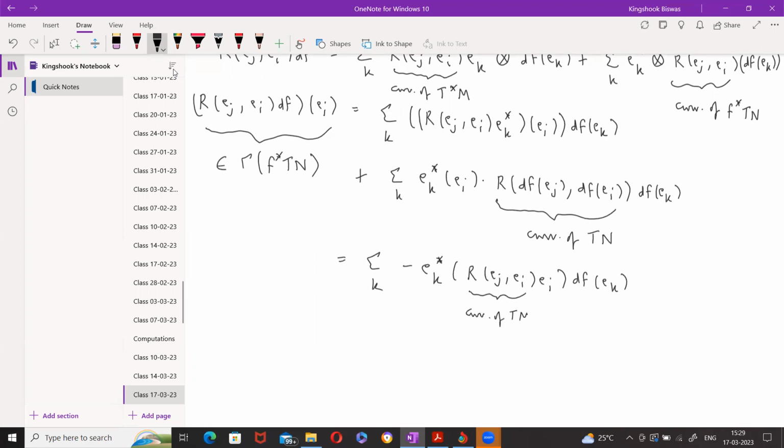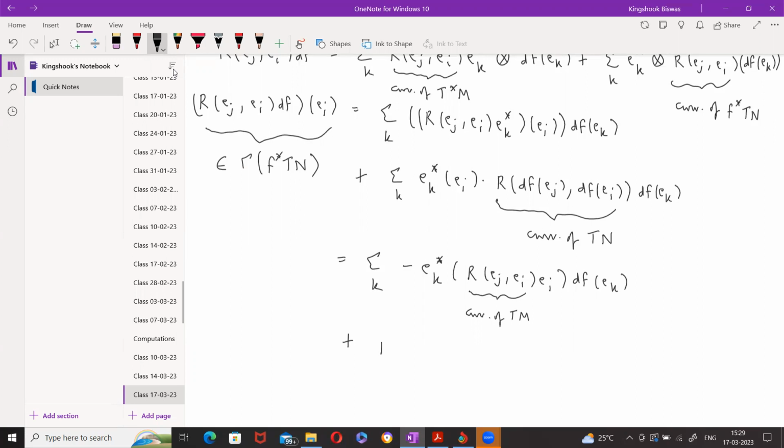So I have this, plus the sum over K of E_K star of E_I, which is going to be 0 unless K is equal to I. So here I just get one term: when K is equal to I this becomes 1 times this.